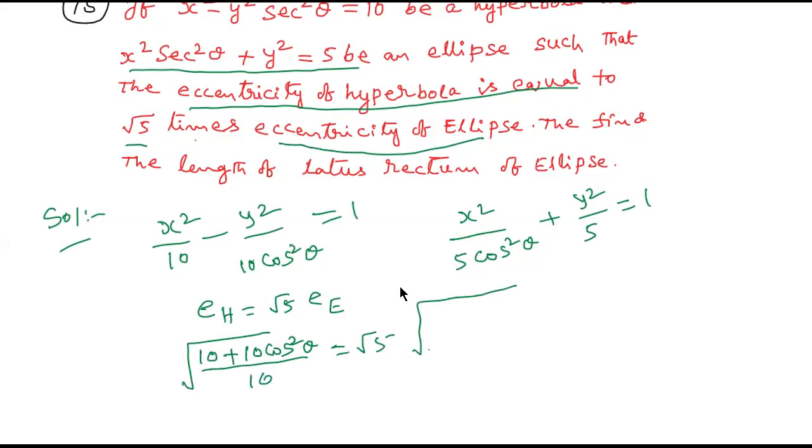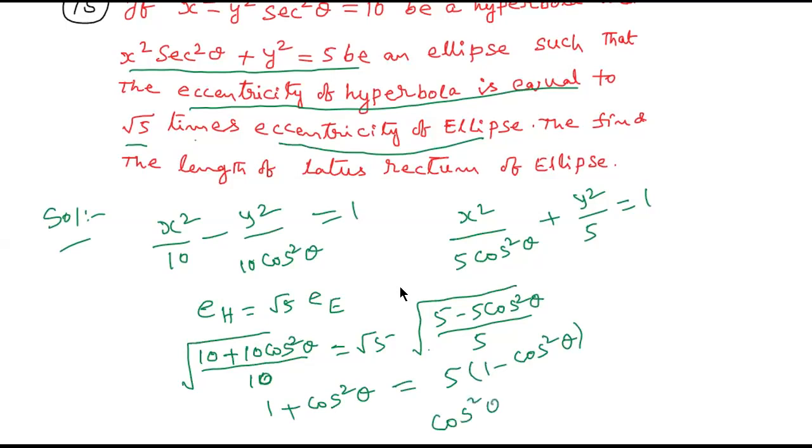So observe that 5 minus 5 cos square theta divided by 5. Now squaring on both sides, and here 10 common is going to cancel. We get 1 plus cos square theta, that is equal to 5 into (1 minus cos square theta). See the calculation. Finally, we get cos square theta is equal to 4 by 6, that is 2 by 3.